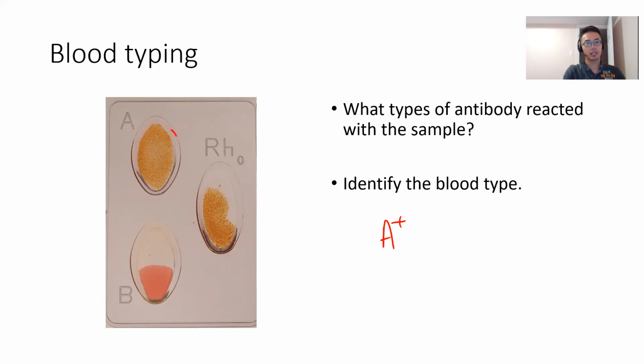There's a reaction here with anti-A, reaction with RH, no reaction with B. So that's why it is going to be A positive. What about the rest of the class? Does anybody need me to explain this further? Because you will have this question guaranteed on the lab quiz. So everybody knows how to tell. Fantastic. Moving on.